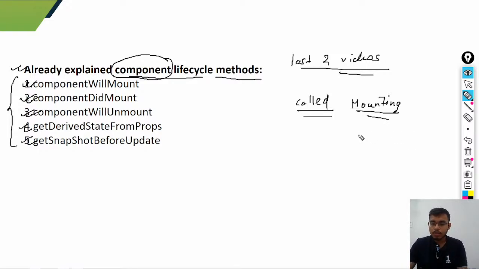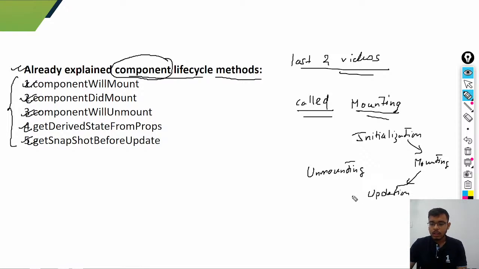The first one you have learned was initialization, the second one was mounting, then the third one was updation, then unmounting. And these 4 states happen in a cycle, they are dependent on one another. Before this mounting state, this method is called.